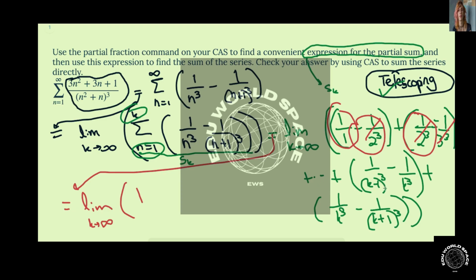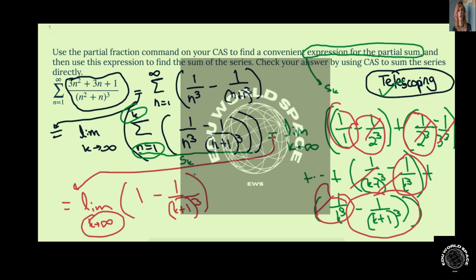And then here, we see that we could cancel all the way until we get to k cubed. So we're able to cancel all those intermediate terms. However, you still have one more term left with (k plus 1) cubed in the denominator. And then finally, take that limit as k goes to infinity. This fraction goes to 0. So the entire sum just goes to 1.